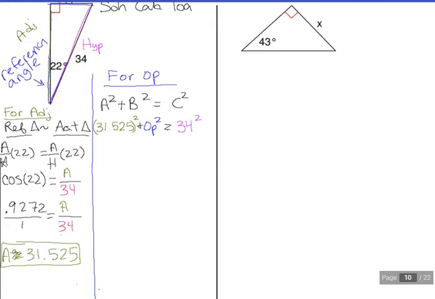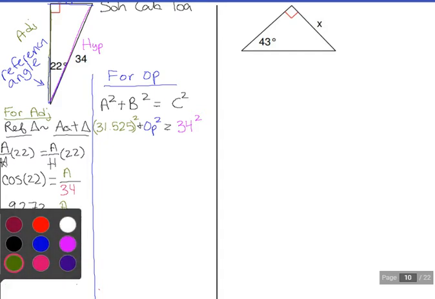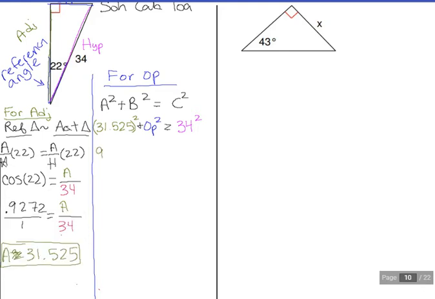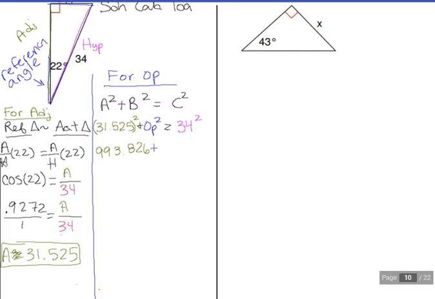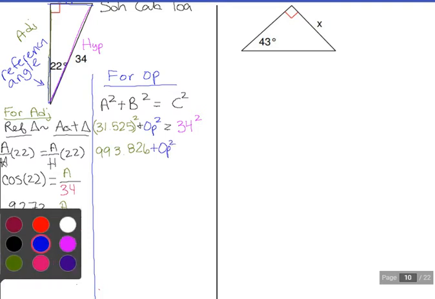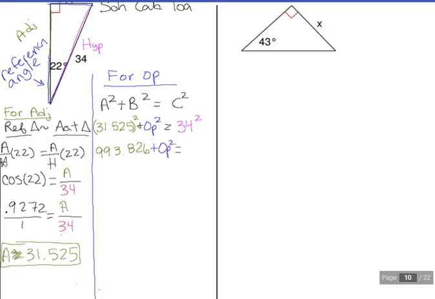All right, so 31.525 times itself is pretty close to 1,000. We have 993.826, plus our unknown OP value, which is still squared because we haven't resolved the square yet. And 34 times itself is going to be 1156.